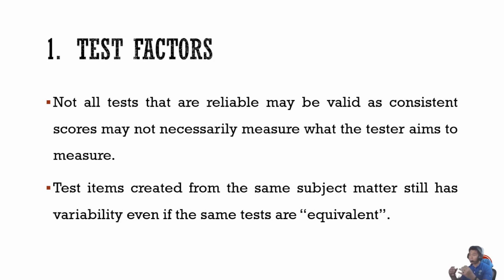Chances are, yung test items na nagawa mo ng June ay iba sa test items na magagawa mo sa August. Kahit parehong Philippine history during the Spanish era yung iyong subject matter. So that is inherent sa paggawa natin ng test items.